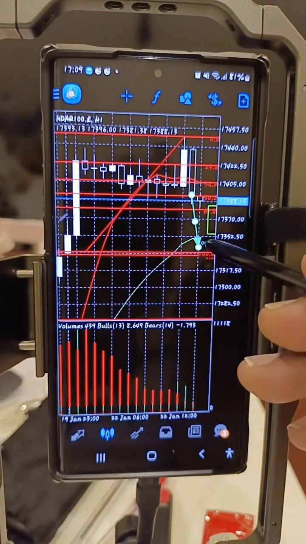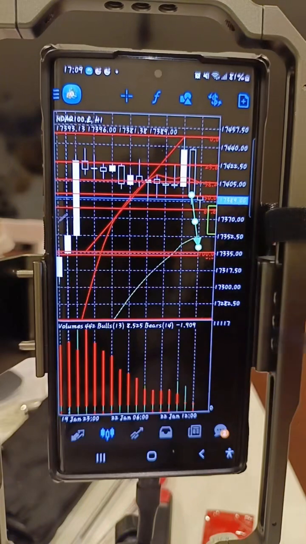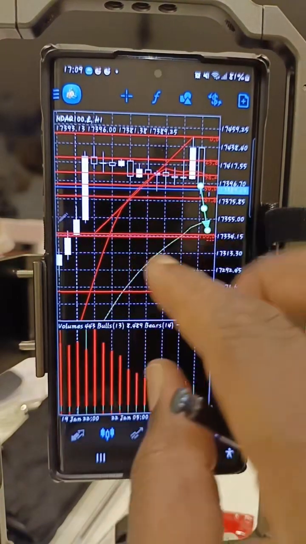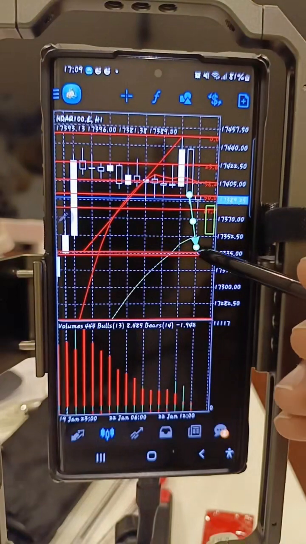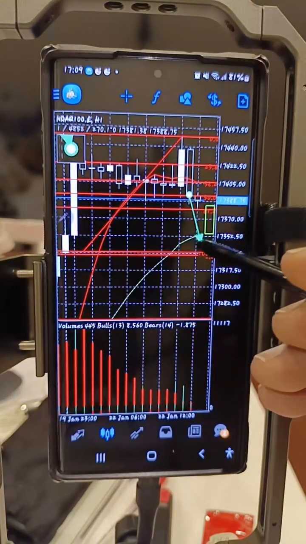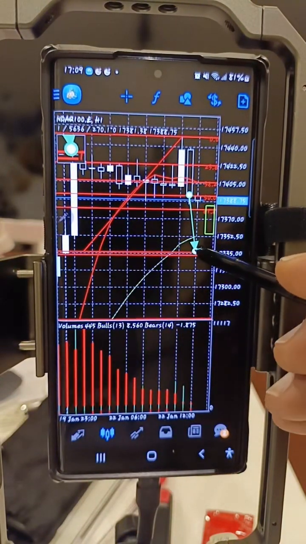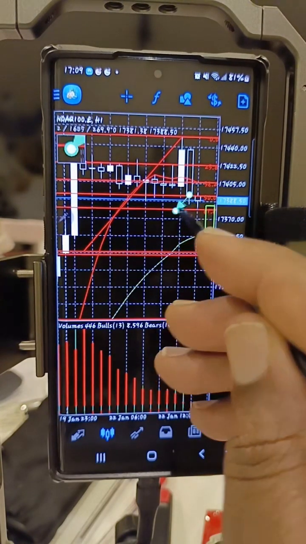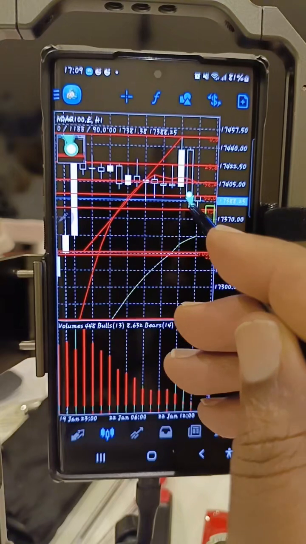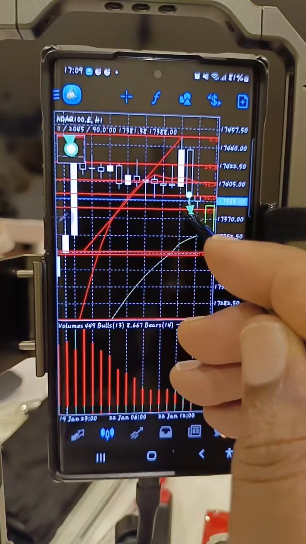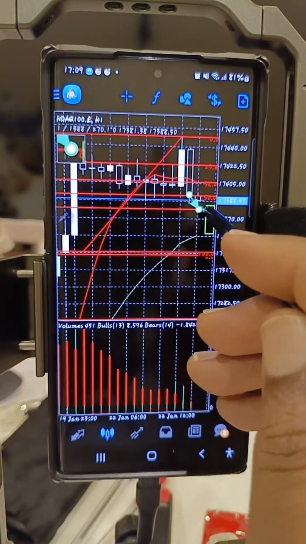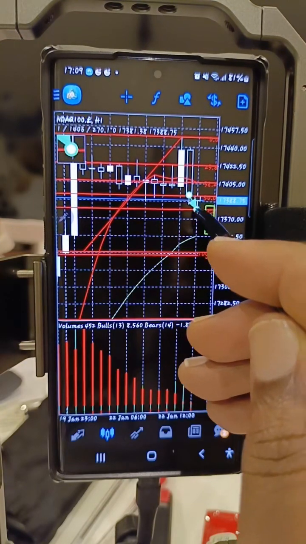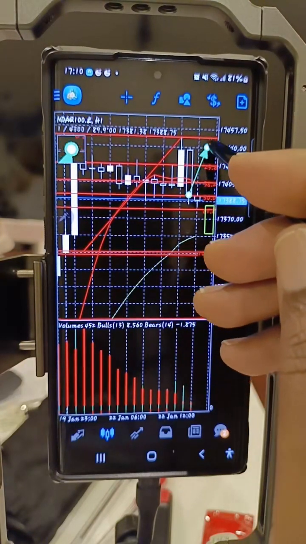That's my target. So I've got a clear target here, my 20 MA. And you can see here on my fib clearly, if it becomes resistance there, and as the US comes in and there's a lot of action in the market, I'm looking for it to go all the way up here.